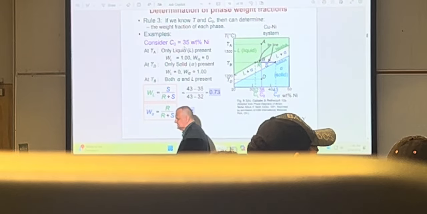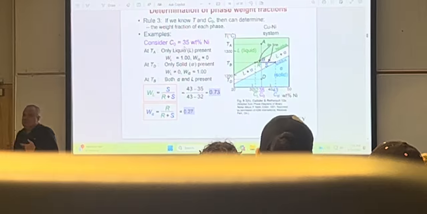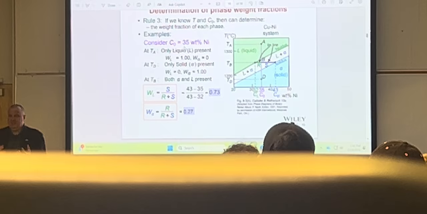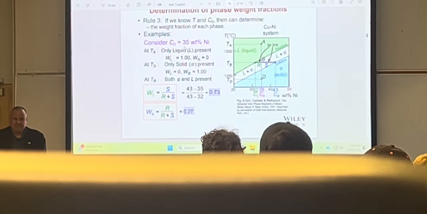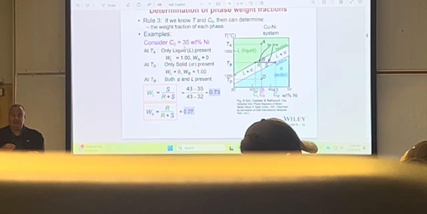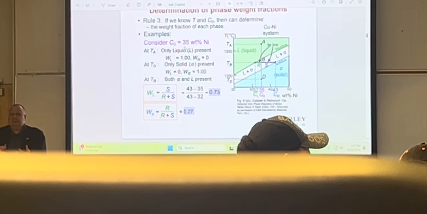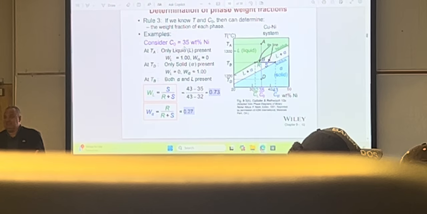These percentages are deceiving because the composition is measured in percentage, and then the amounts of phases is also measured in percentage. Let me explain. The composition of a phase is the percentage of nickel in copper. You get that? Okay. Then, how much liquid is there and how much solid is there?